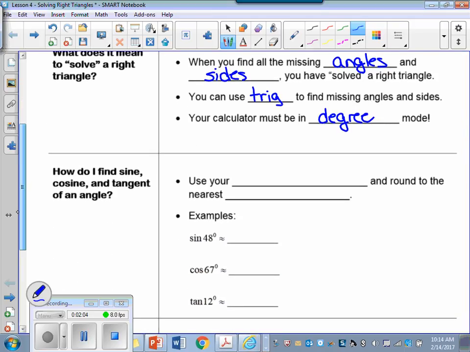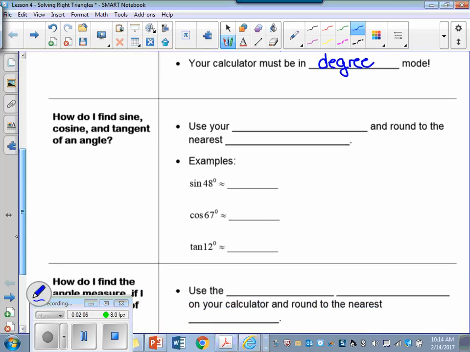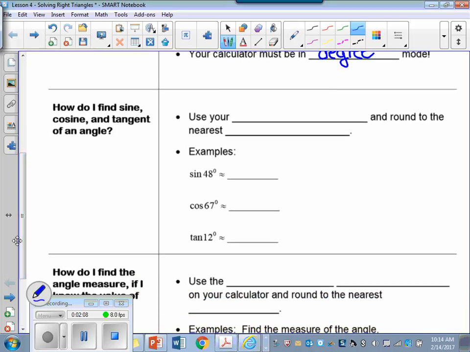How do I find sine, cosine, and tangent of an angle measure? So we're going to use our calculator for this. And we're going to round to the nearest thousandth. Make sure you read on tests, quizzes, and the SOL and see what they want you to round to.